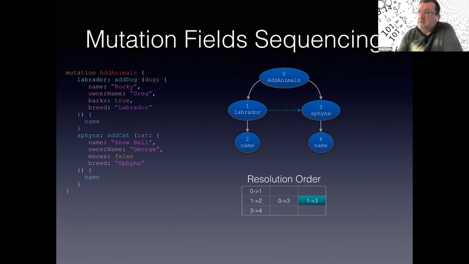It is placed here just to ensure the order of the operations. It doesn't produce anything. But the effect would be that the edge 0 to 3 that invokes the resolver for the field Sphinx will be executed after the edge 0 to 1 that invokes the resolver for the field Labrador.